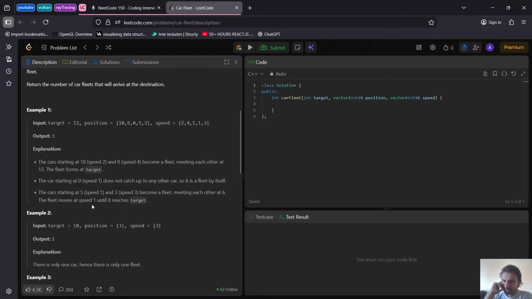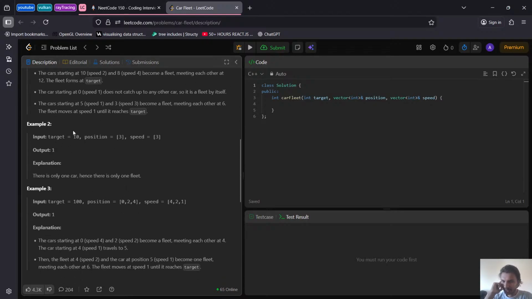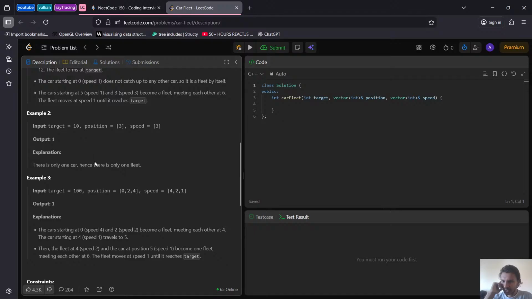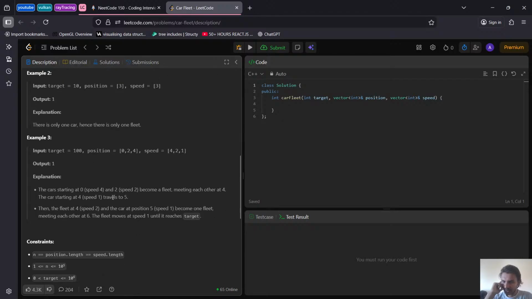The fleet moves at speed 1 until it reaches the target. The starting car will become one fleet. The car at 0 with speed 1 does not catch up to the others, so it is one fleet, and 10 and 8 will become one fleet. So there are 1, 2, and 3 fleets before reaching the target.